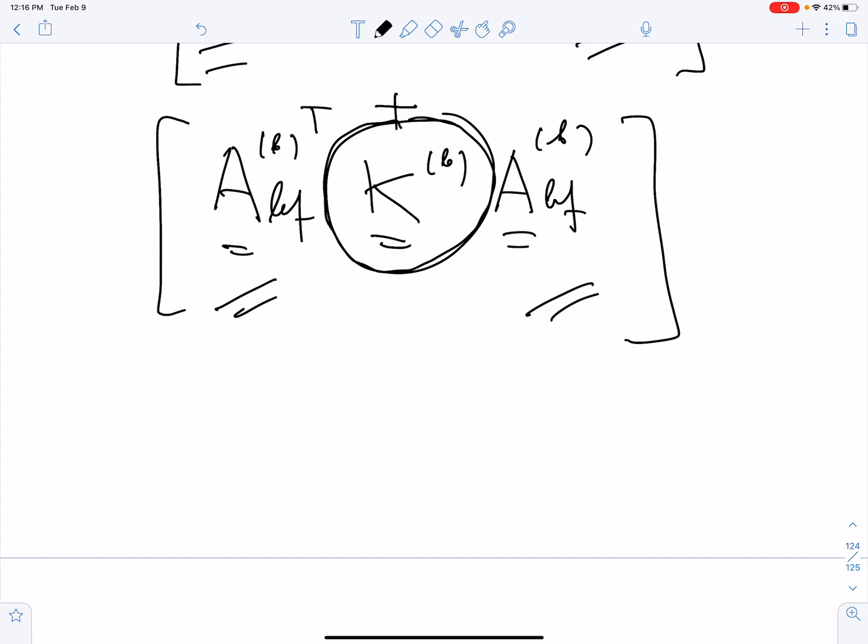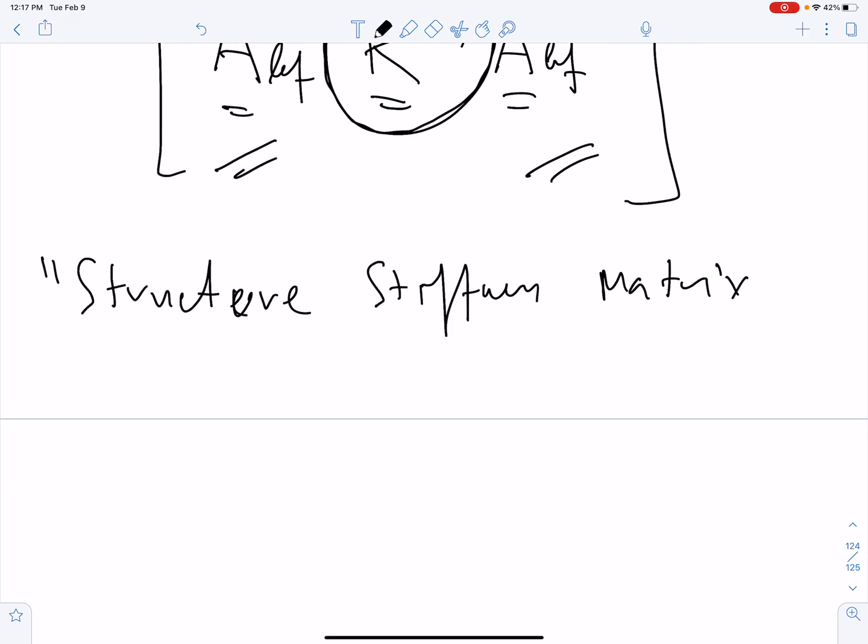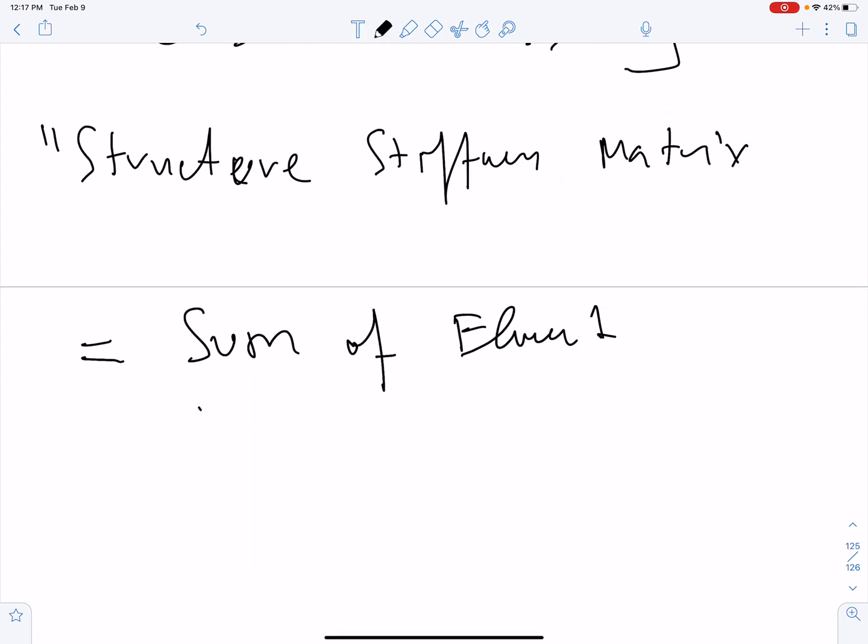Okay, so the first thing you learn, basically the biggest takeaway, is that the structure stiffness matrix equals the sum of element stiffness matrices.